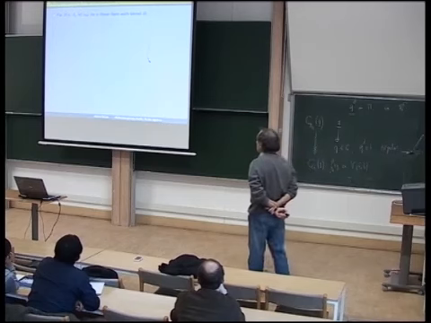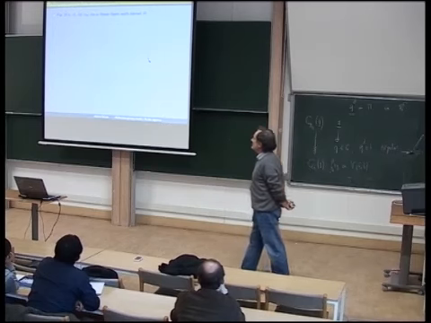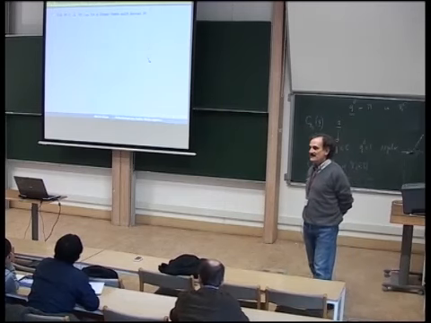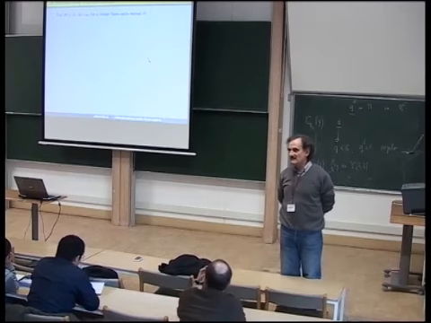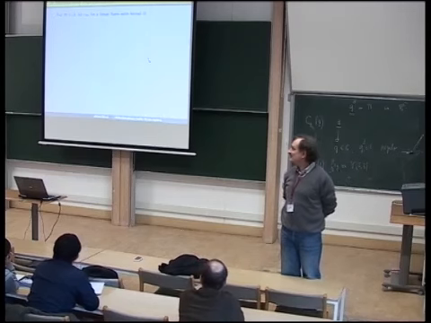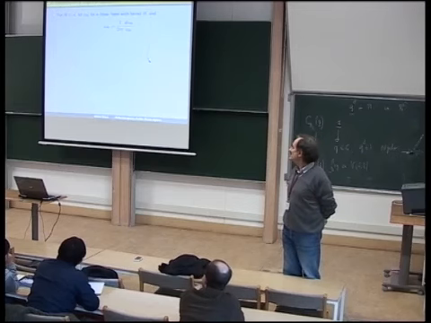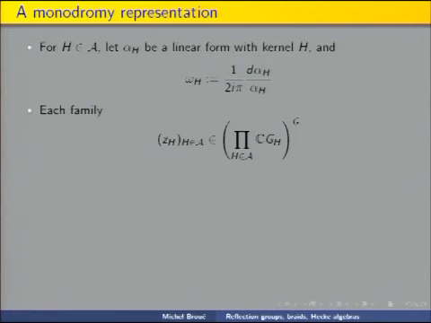Well, for H a reflecting hyperplane, let me denote by alpha H a linear form with kernel H. Okay, and let me consider this one form omega H, which is 1 over 2 i pi d alpha H over alpha H. And let me choose any locally defined family in the group algebra. So you see, I consider this product of local groups.